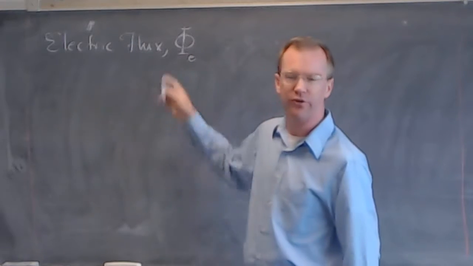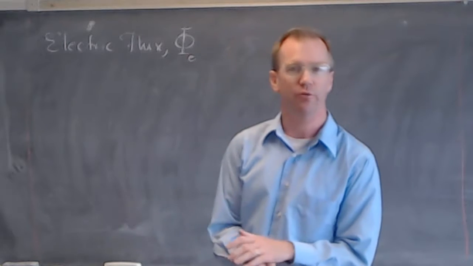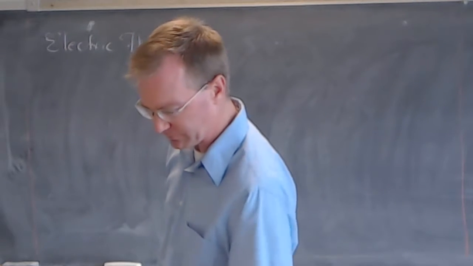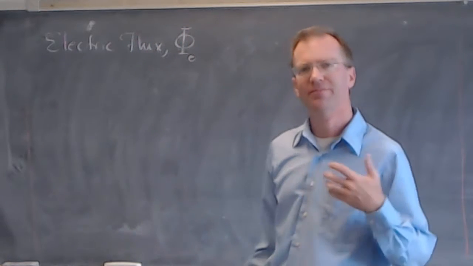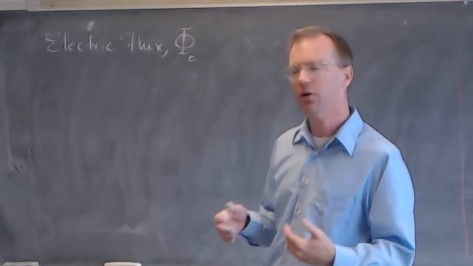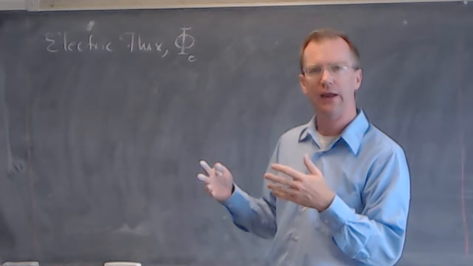For the moment, though, this is the only kind of flux that we're dealing with, and so you won't always need to put that little distinguishing E under it. The flux is effectively, it is sort of like the number of electric field lines that pierce through a surface.